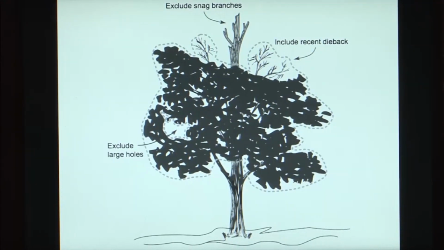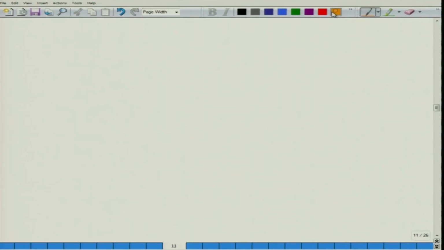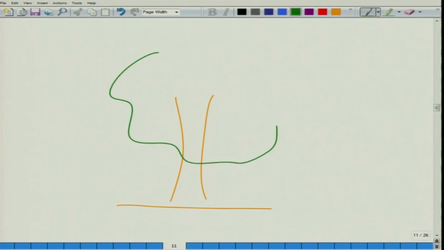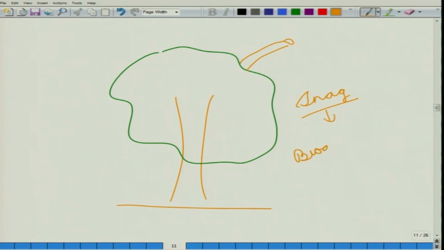Now, what are snags? So for instance, if you have this tree and suppose it has some branch that is dead, then too that branch has some utility. For instance, we normally use this term snag in the case of management for biodiversity purposes.